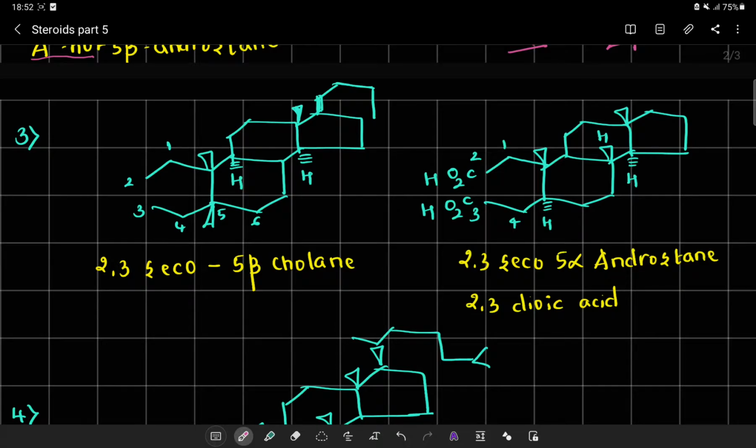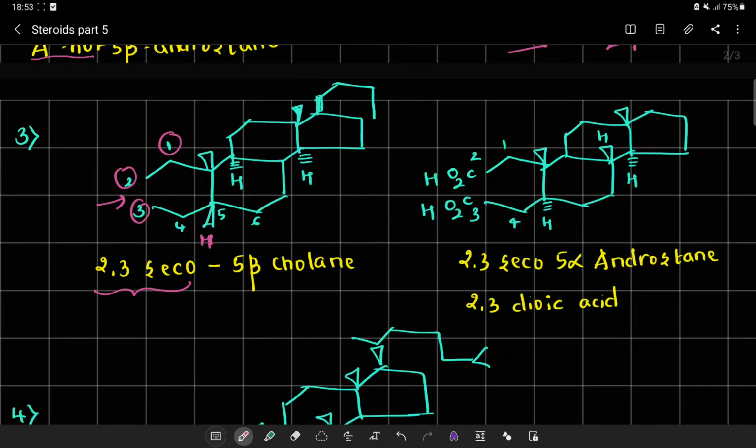Now this says that when I give a nomenclature like 1, 2, 3, between 2 and 3 there is a cleavage. Hence the nomenclature is given as 2,3-seco followed by 5-beta-choline. Why 5 beta? Because the proton here is above the plane. So at positions 2 and 3 there is a cleavage, hence 2,3-seco has been given. Seco means that there is a cleavage.